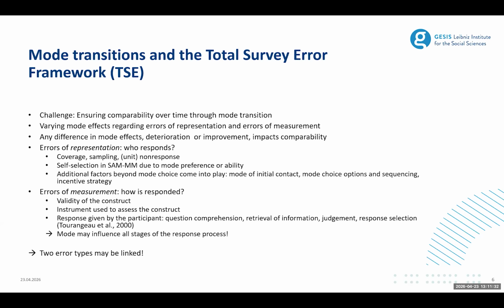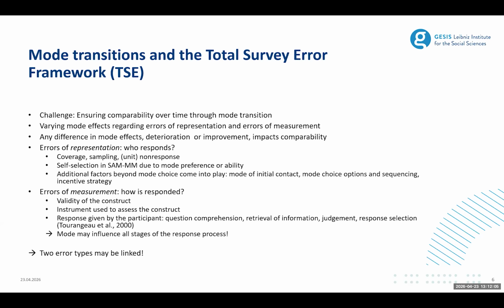It is obvious that there are certain factors associated with errors of representation that go beyond, let's say, the mere choice of mode in the data collection phase. So on top of the data collection phase, of course, it is important what mode we choose for initial contact, which choices we give regarding modes in mixed mode settings, in which order mode choices are presented, and what type of incentive is being offered and when.